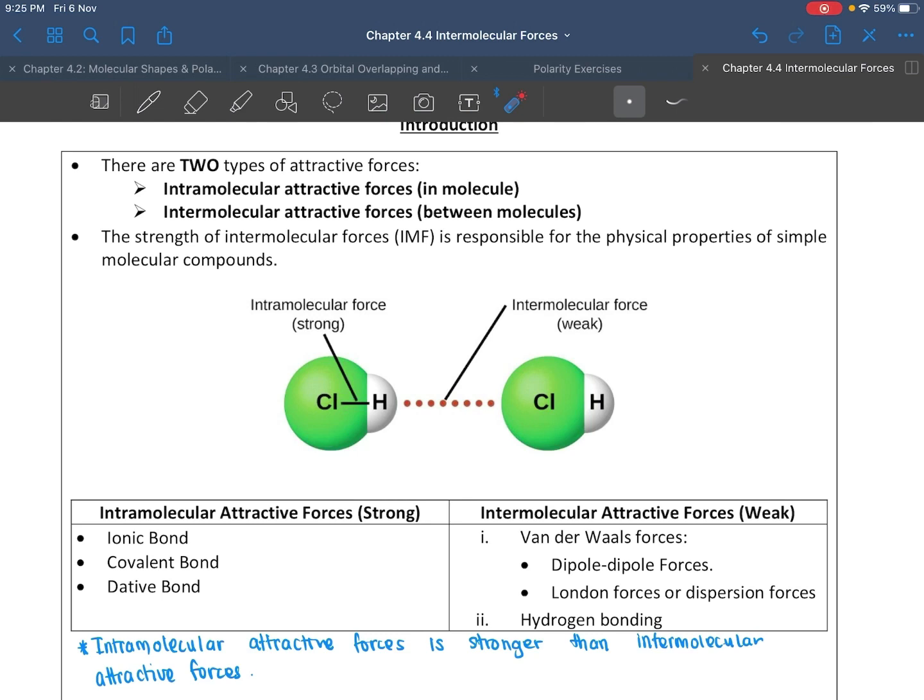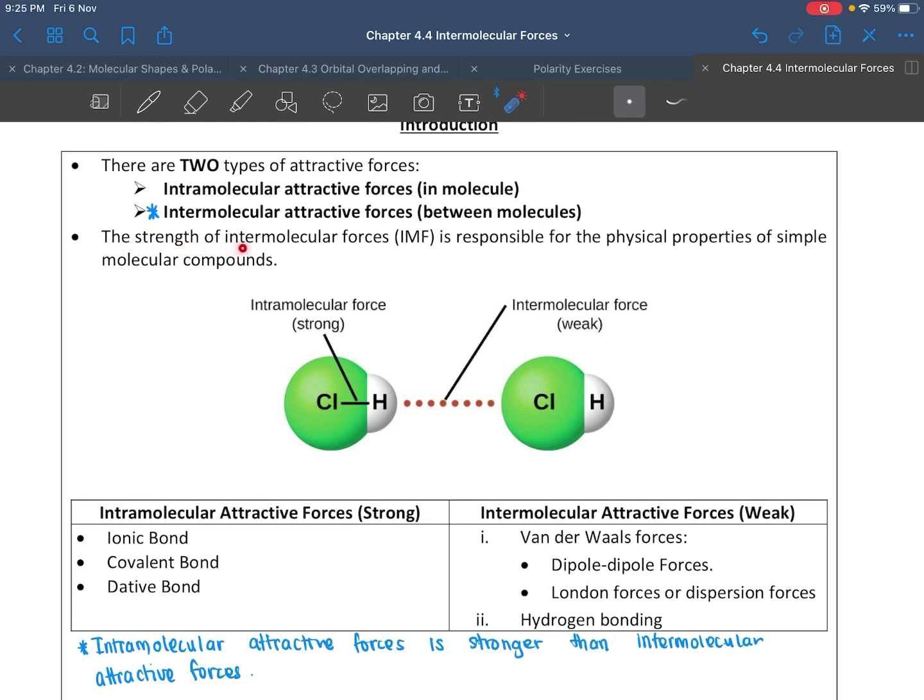In this video, I'm going to focus on intermolecular attractive forces, iaitu tarikan antara molekul.